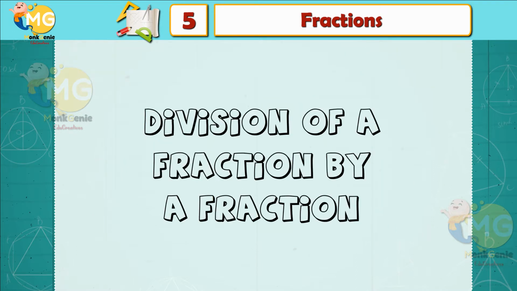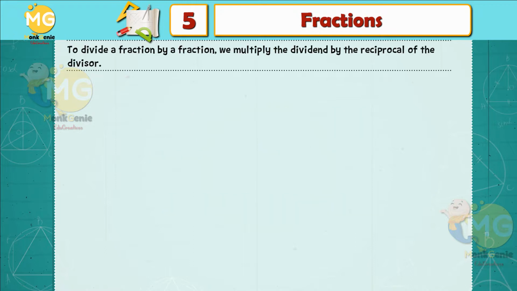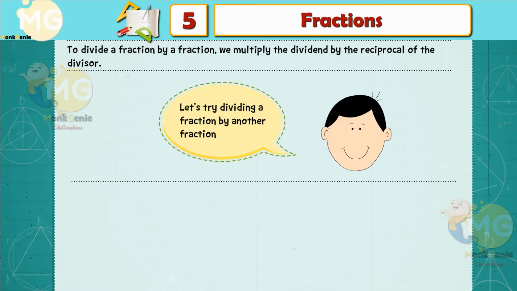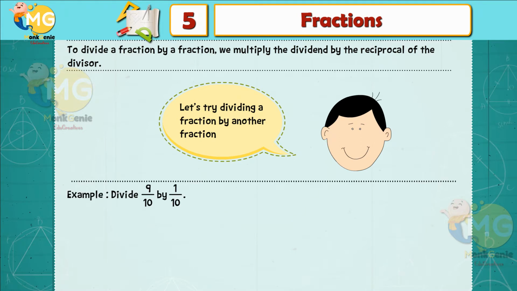Division of a fraction by a fraction. To divide a fraction by a fraction, we multiply the dividend by the reciprocal of the divisor. Let's try dividing a fraction by another fraction. Example 1.